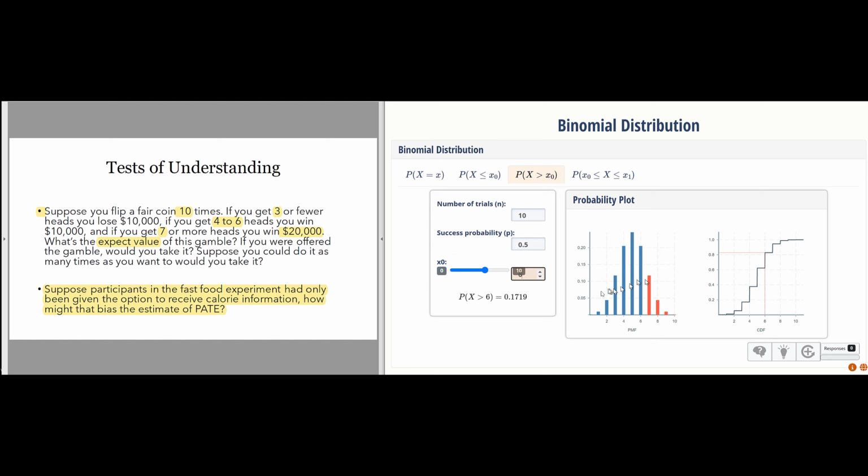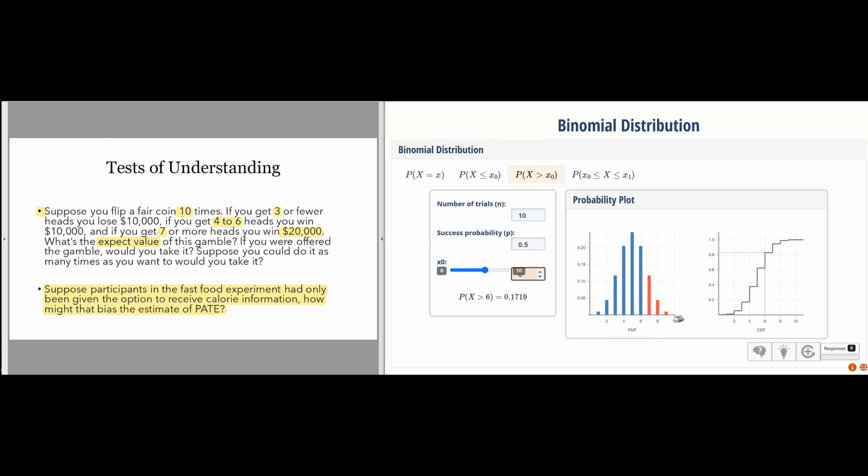This binomial distribution is symmetrical, and so the probability of getting 0, 1, 2, or 3 heads is the same as the probability of getting 7, 8, 9, or 10 heads.